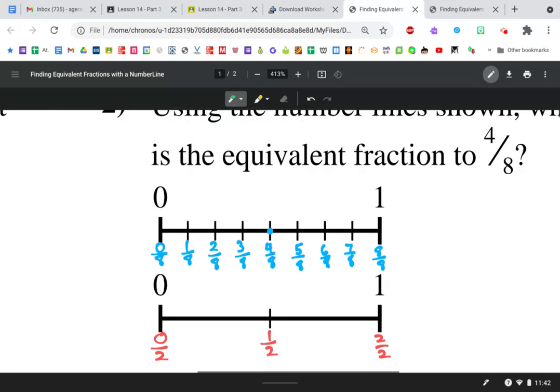And the fraction that lines up with 4/8 is, oh, that's not a very good one here. Let me back up a little bit. Here we go. It is here. 4/8 lines up with 1 half. Look at that. They're in the same spot on the number line. And so that's our answer. 4/8 is equivalent to 1 half because they take the same location on the number line.